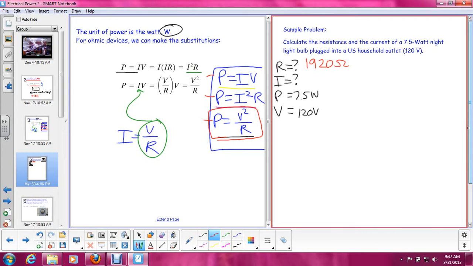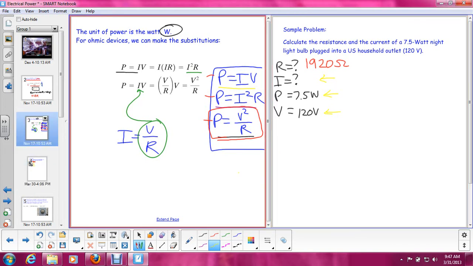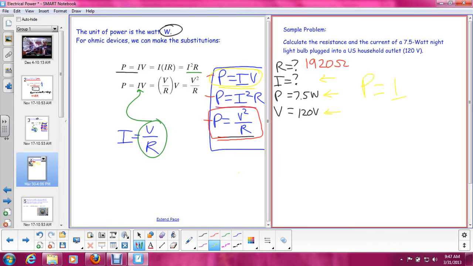So now we have one of two options. We can use an equation that has P, V, and I, which is how we did it before to find resistance. So we would come over here, and the one equation over here that has P, V, and I is the top one. So we could do power equals current times voltage.